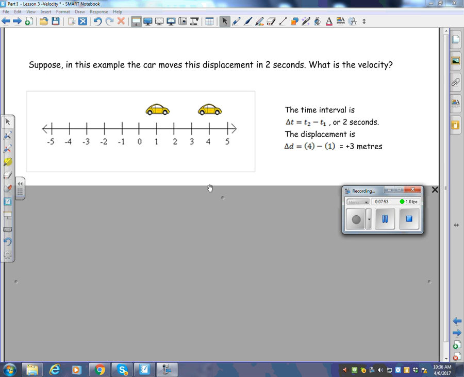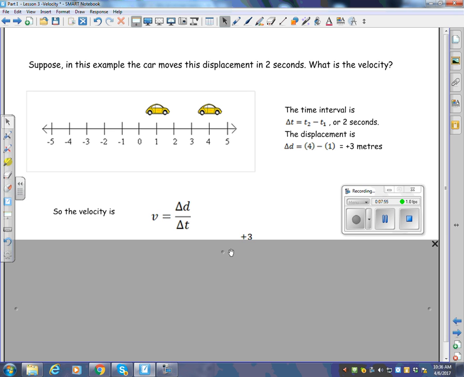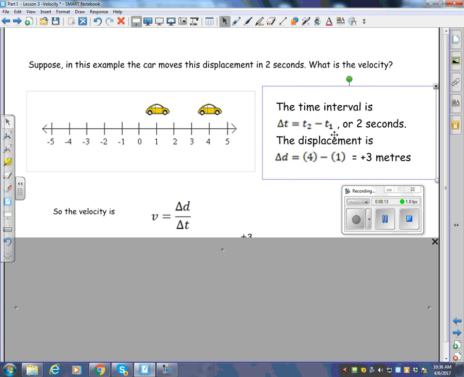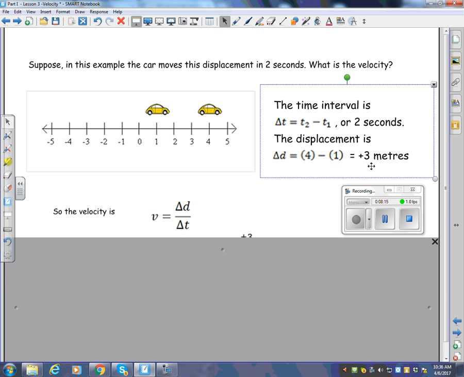What was the formula? Velocity is displacement over time. What's the displacement? Displacement is 3.